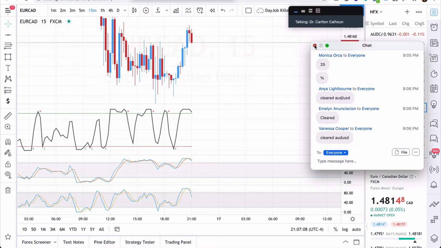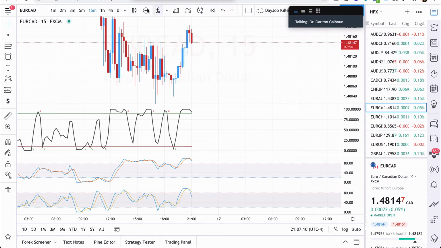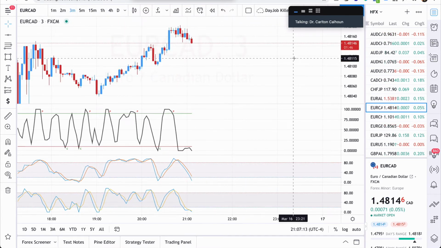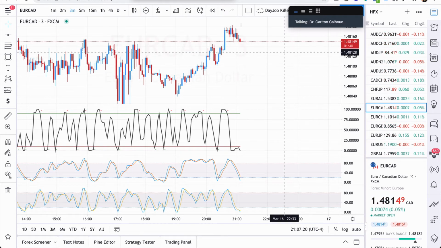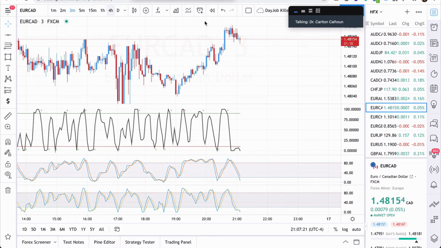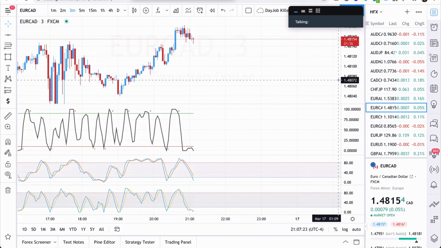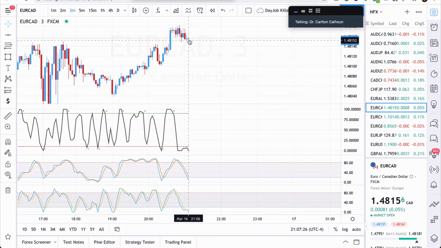Clear, everybody clear AUD USD. Good. On the 15 minute, EuroCAD is giving a potential put. I would respect the 15 over the 3 any day. And you can still get a push up on the 3 minute and still be within the 15 though.